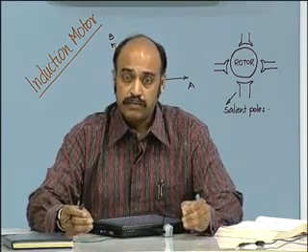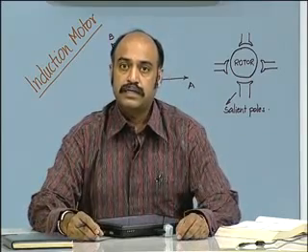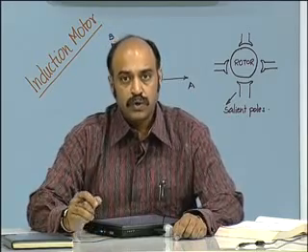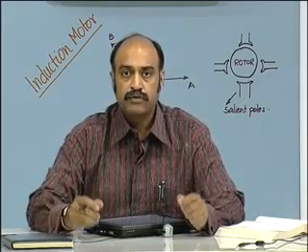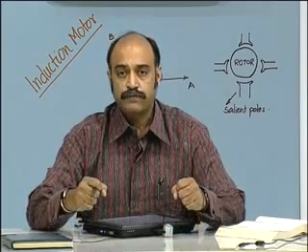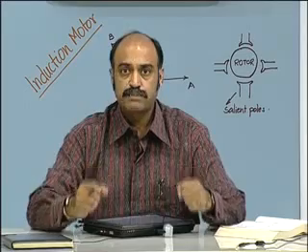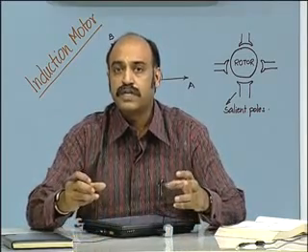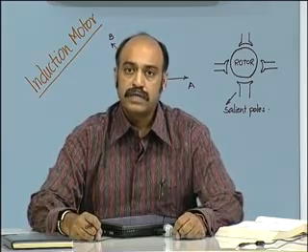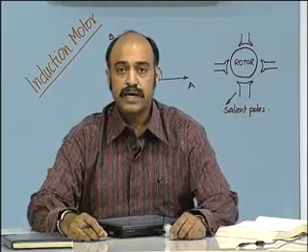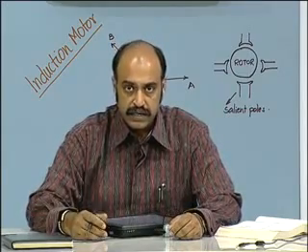Now applying one more constraint, that is the currents from these three sources flow through coils in the stator of the motor, wherein the coils are physically located in space 120 degrees apart. A combination of these two produces a rotating magnetic field. So let us now see how this is created.